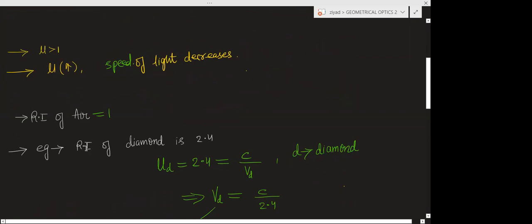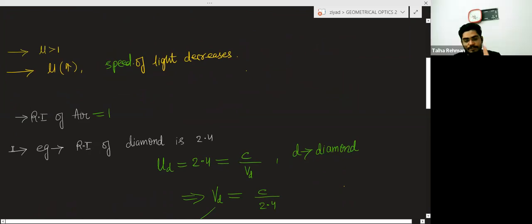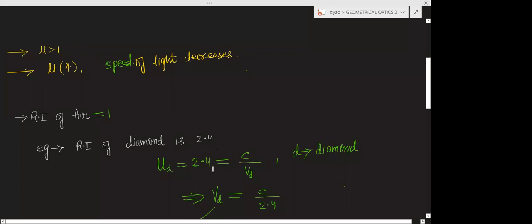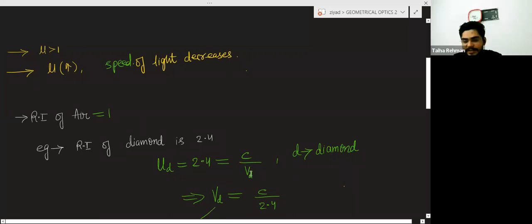So what is the meaning of the statement written here? For example, the refractive index of diamond is 2.4. What is the refractive index? Speed of light in air divided by speed of light in diamond. Here it is diamond, so you take the speed of light in diamond. Speed of light in diamond is equal to speed of light in air divided by 2.4.